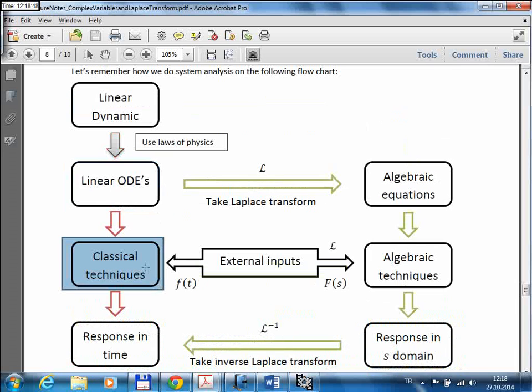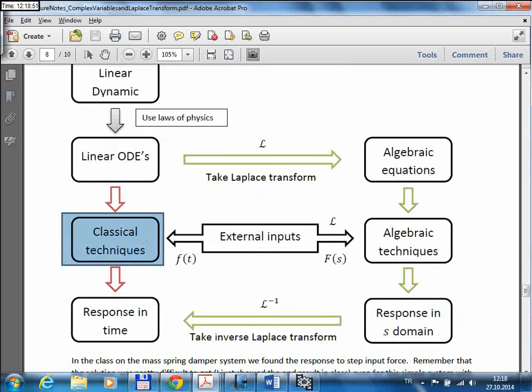Now, what we do here is, instead of trying to solve the differential equations, we take the system equations, which are differential equations, then take the Laplace transform of these equations.